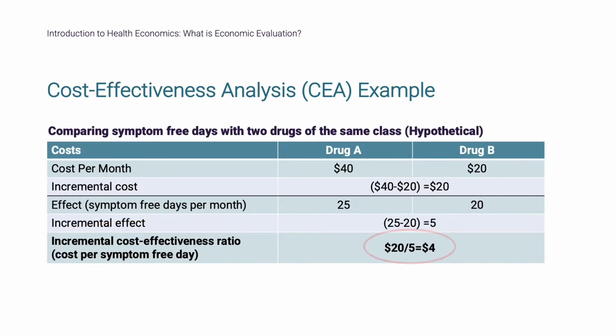This is the difference in costs divided by the difference in effects. We will learn more about this ratio and how to interpret it in a moment. In this example, the ICER is $4 per symptom-free day gained. We then need to think about how much we are willing to pay to gain a symptom-free day and whether this cost represents good value for money. This can be difficult to consider for individual or unique natural health units, like a symptom-free day.